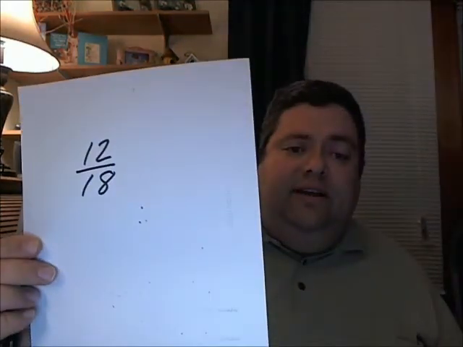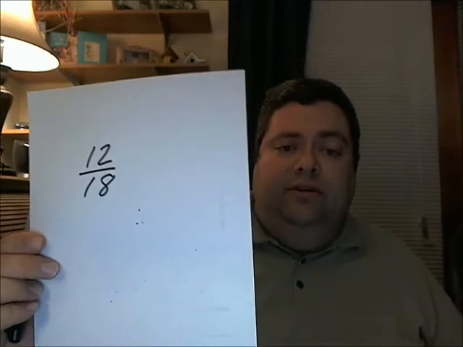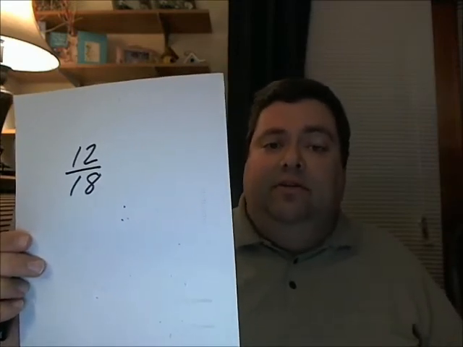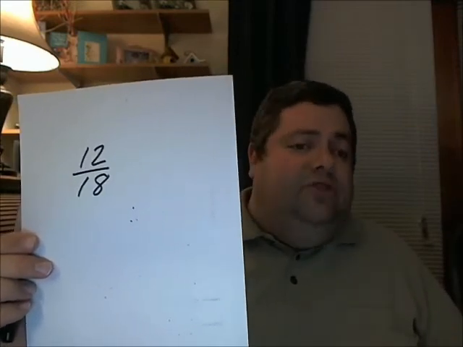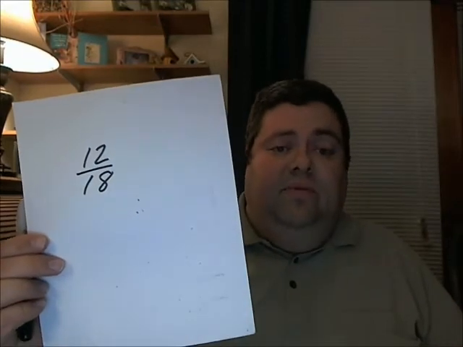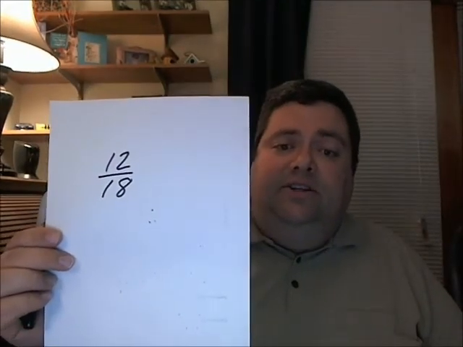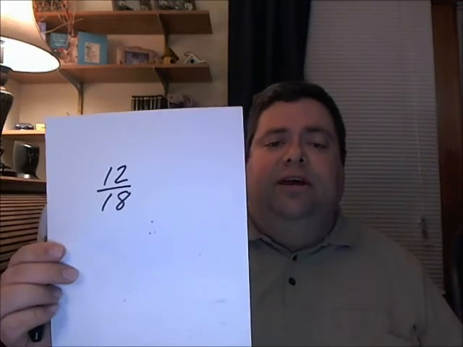For example, if I have the fraction 12/18 with 12 in the numerator, the top number, and 18 in the denominator, the bottom number, and I was told I need to find simplest form because 12/18 is a large fraction, a little hard to comprehend and understand.